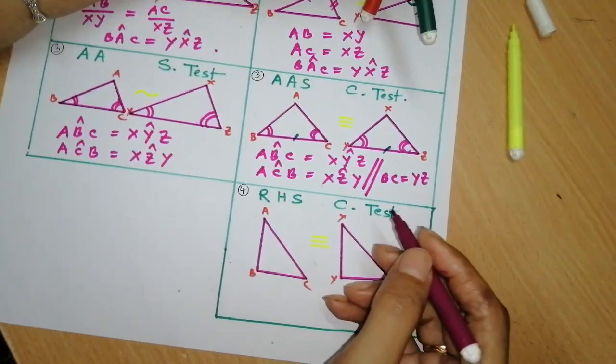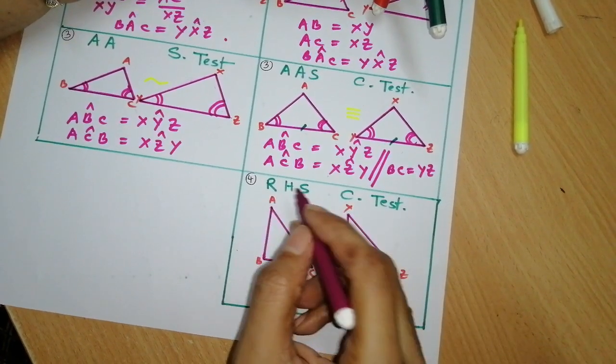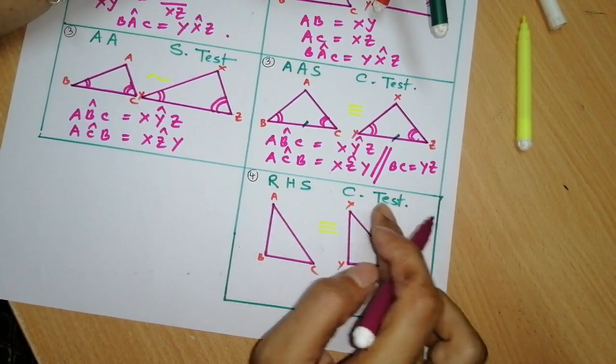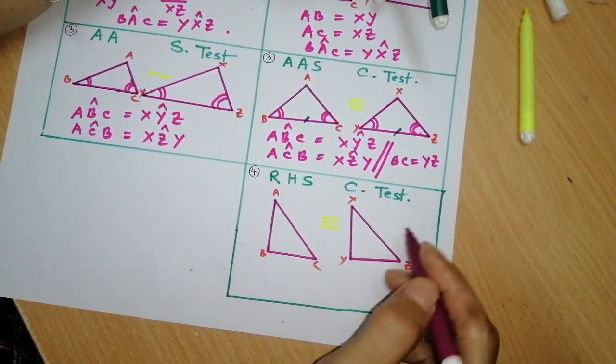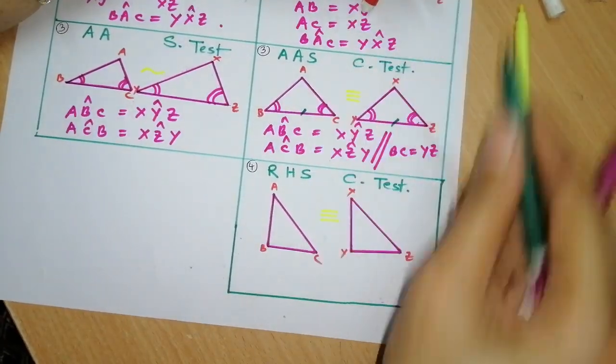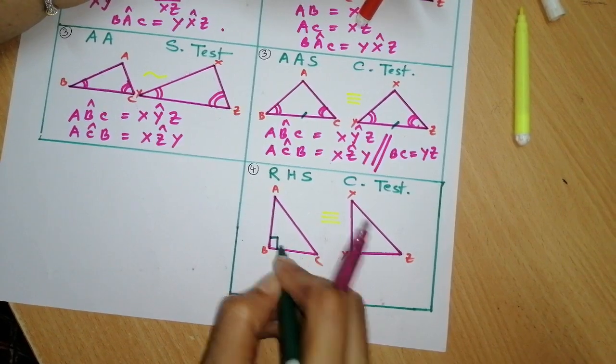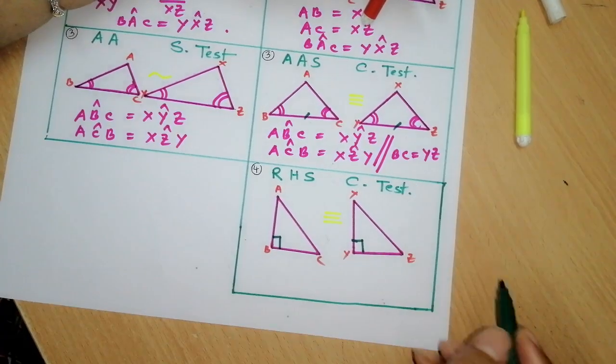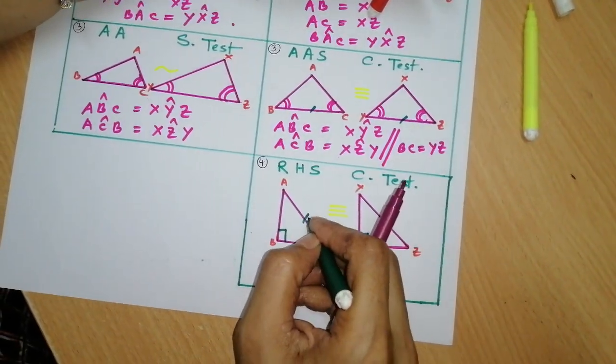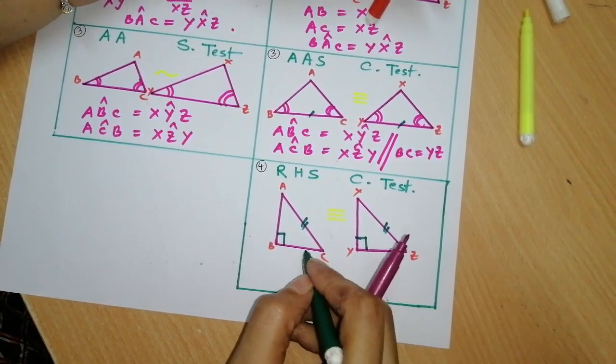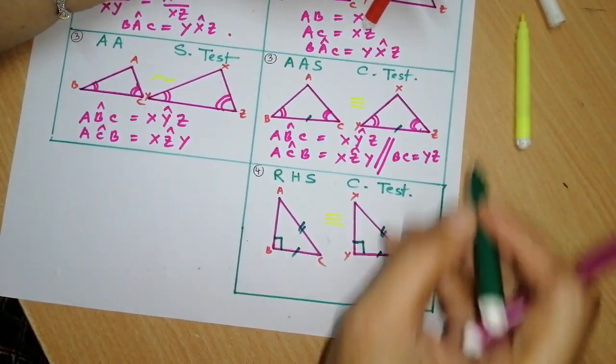And now it's number 4, congruence test, RHS. It is for right angle triangles. Right angle will be the same, the hypotenuse should be the same, and any of the sides should be the same.